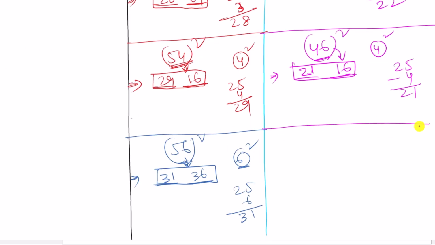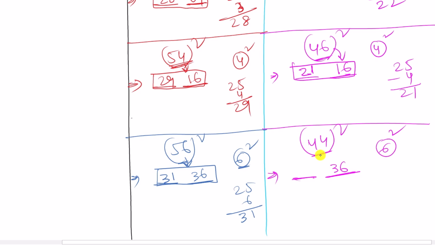So we can have another example. Suppose we have the number 44. In the answer we're gonna have two parts. Because this number is 6 less than 50, in the second part we're gonna have 6 square. So 6 square is 36. This will be in the second part of the answer.